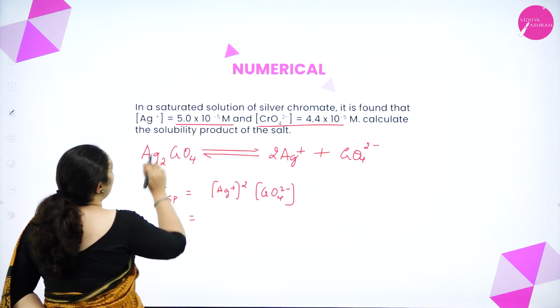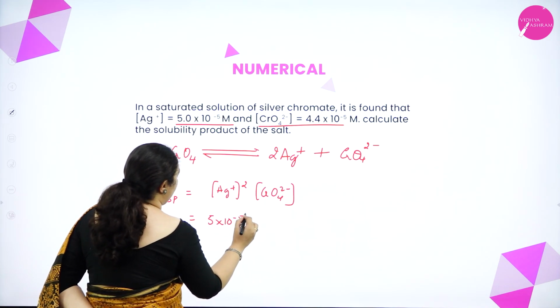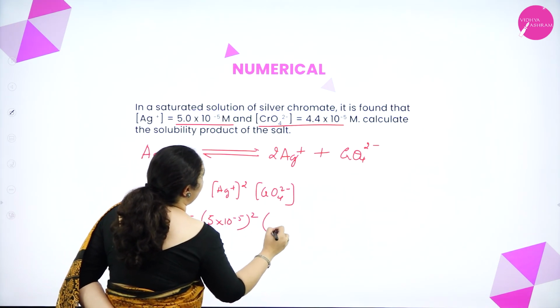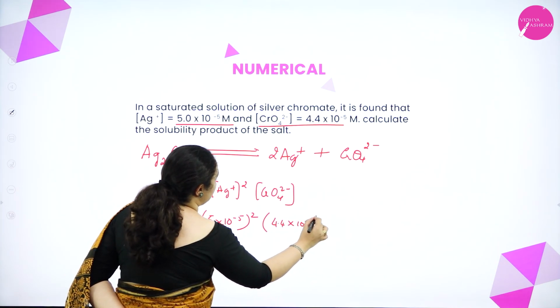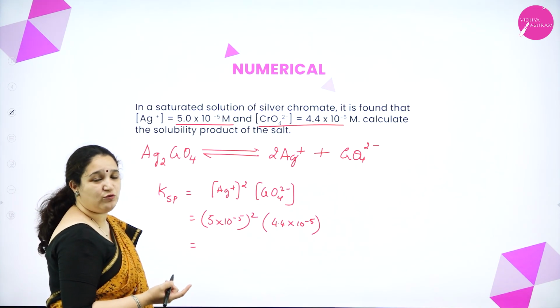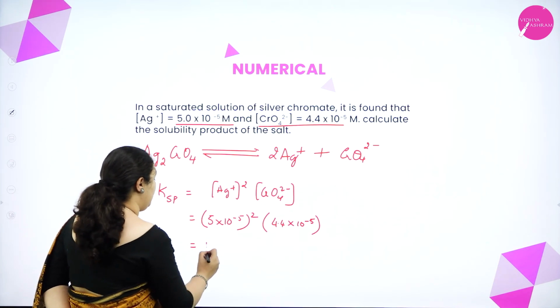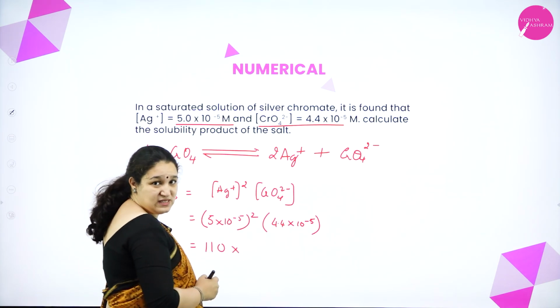So what is the molar concentration of Ag plus? 5 into 10 power minus 5 whole square into 4.4 into 10 to the power minus 5. So 5 5s are 25, 25 into 4.4 is 110, and 10 power minus 5 into 2 is minus 10.